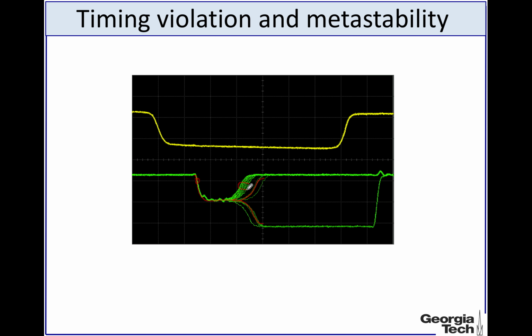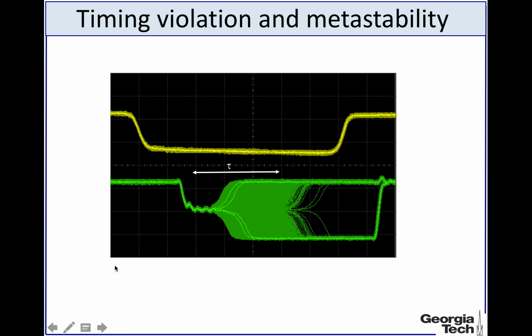Now all these different curves represent different instances of the input, meaning that this timing violation was created a bunch of times, and all these states correspond to different metastability conditions.